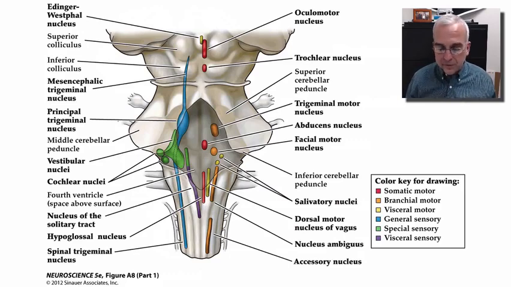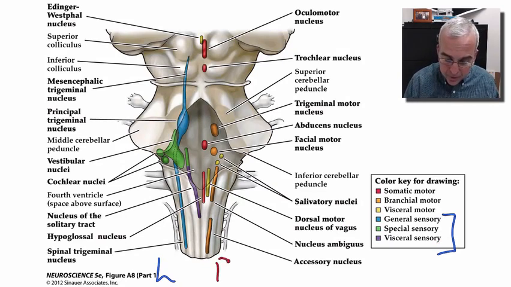For the purpose of making this illustration just slightly less complicated than it needs to be, we've organized it by color code and by side. On the left side of the figure, we have our sensory nuclei. And on the right side of the figure, we've illustrated the motor nuclei.